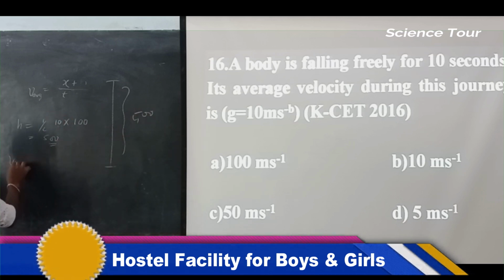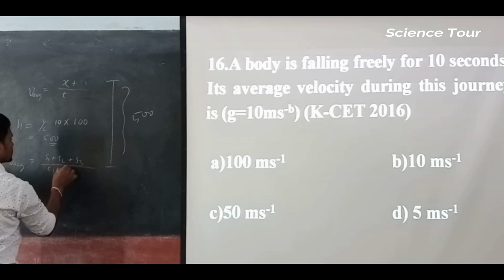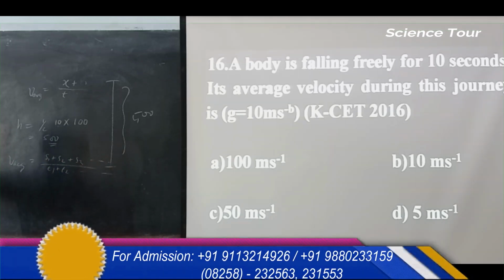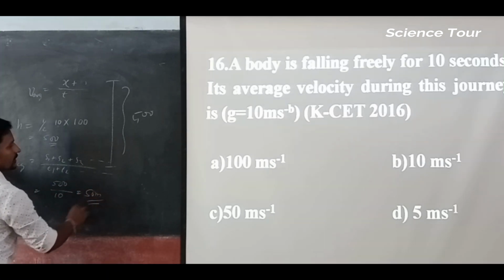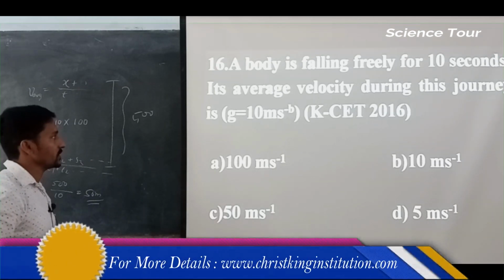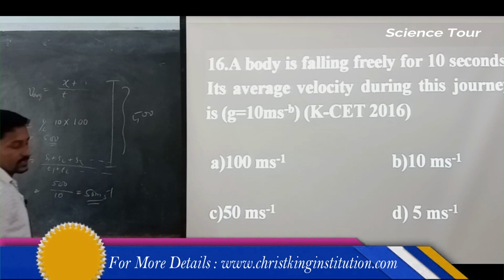Now the average is how much? s1 plus s2 plus s3 divided by t1 plus t2 plus t3, like that, no? But it has traveled only this much distance, so the average is nothing but 500 divided by the time, which is 10, which is equal to 50 meters per second.